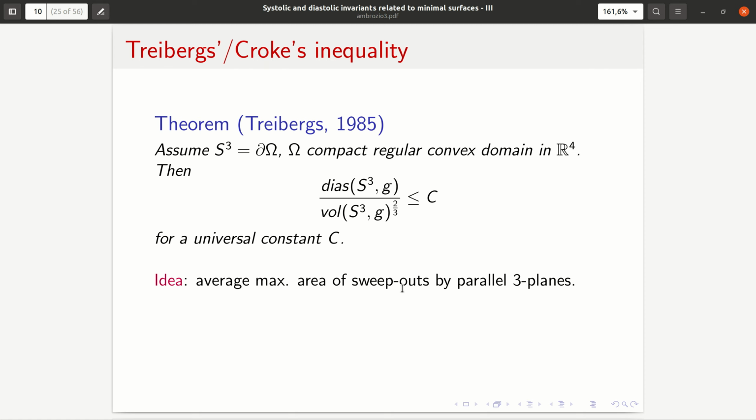These were the sweepouts that he tried to estimate, and he did the nice trick of averaging. Basically he showed that the maximum slice of such sweepouts by parallel planes on average is at most a constant c times the volume to the 2/3, and that gives you the estimate for the diastole normalized by the volume.